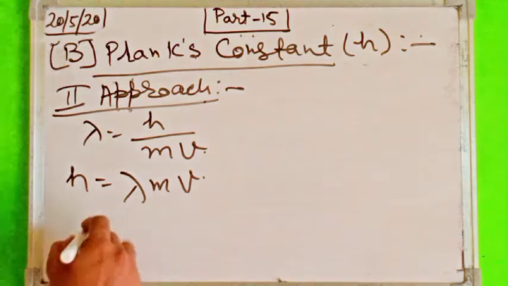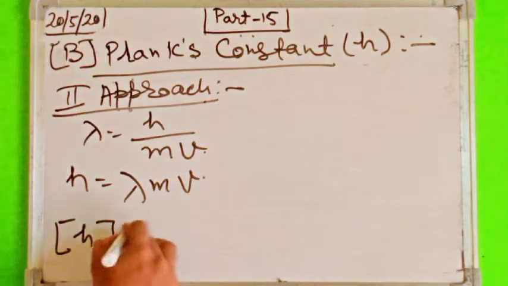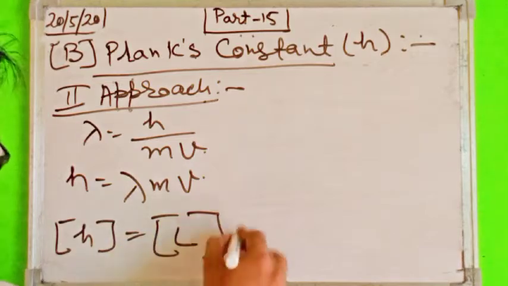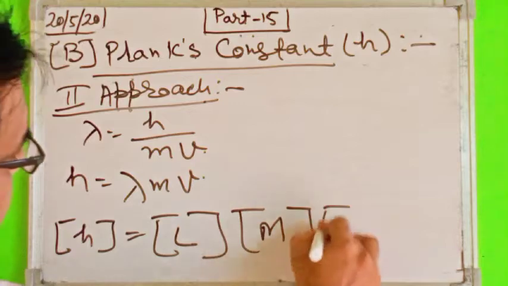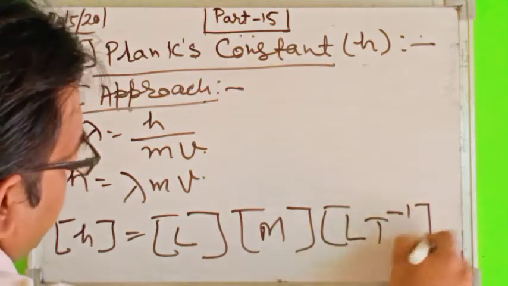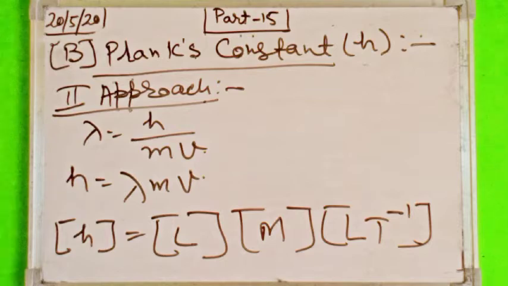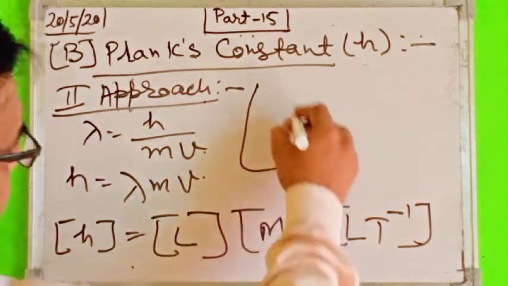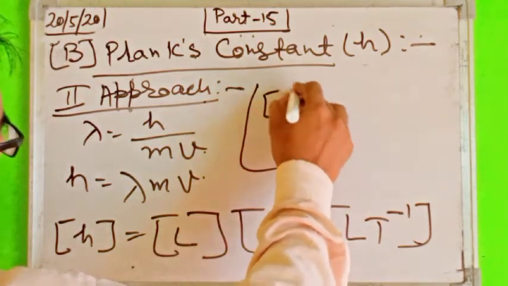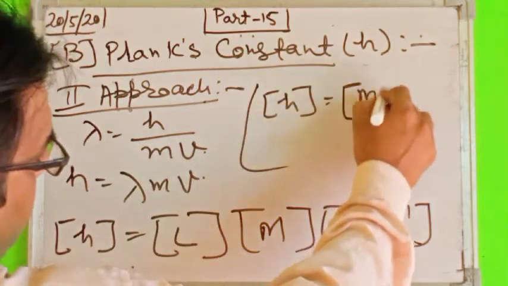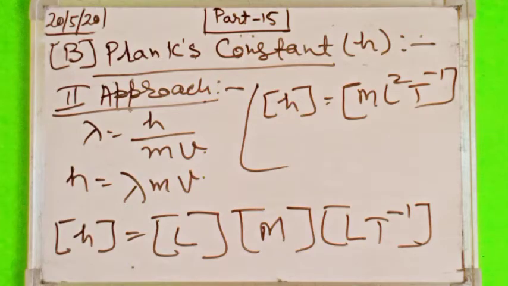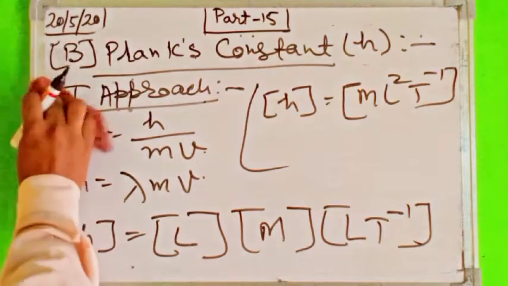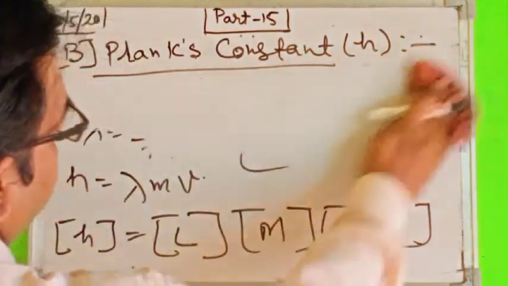So for the dimensional formula for h: wavelength lambda is L, mass is M, and v is velocity LT minus 1. From here we can write its dimensional formula as h is equal to M L square T minus 1. The same dimensional formula.